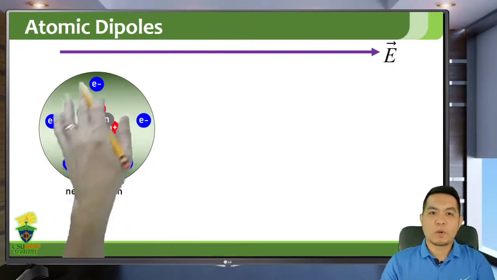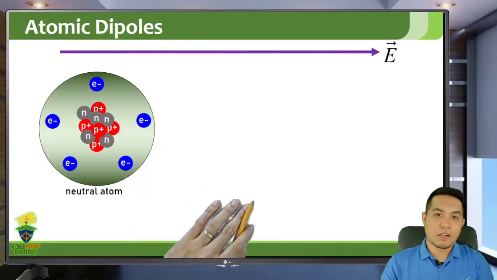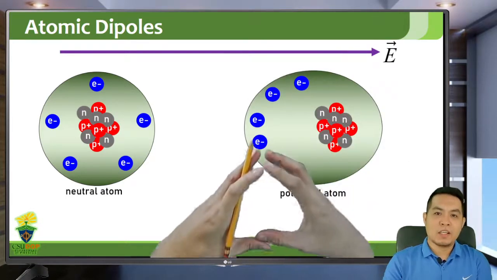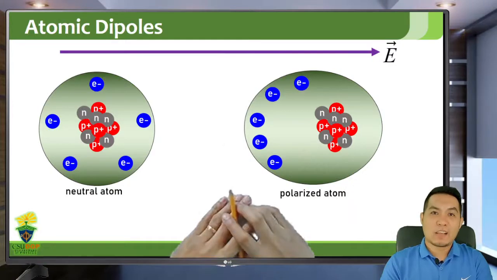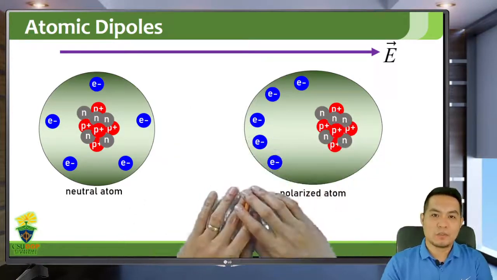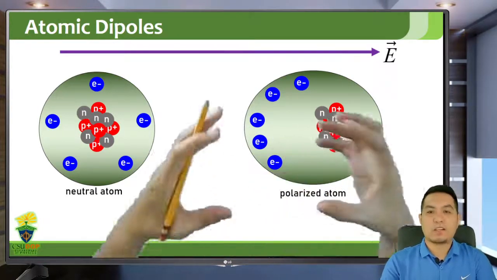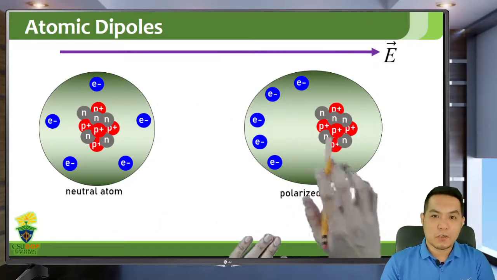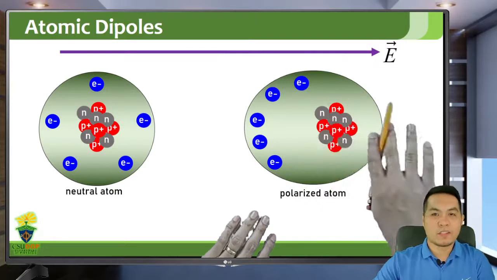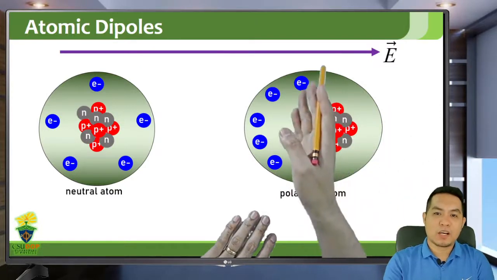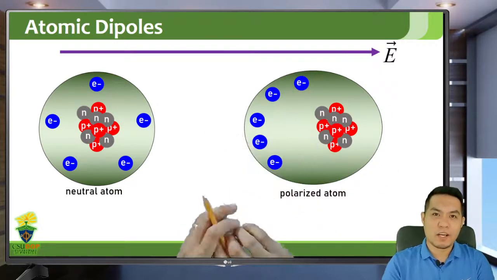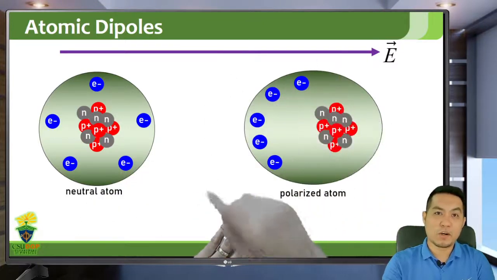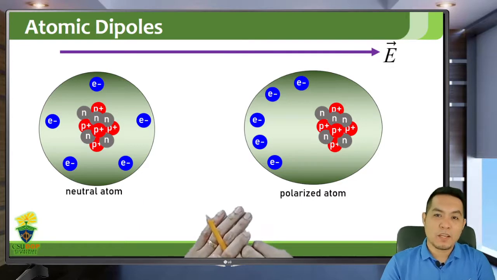So if you expose this neutral atom to an external electric field, what happens is the atom will actually stretch. So it will rotate and then it will stretch until such time that the positively charged nucleus is somewhere on this side and the negatively charged electrons are on the opposite side, because negatively charged particles move in the opposite direction to the external field.